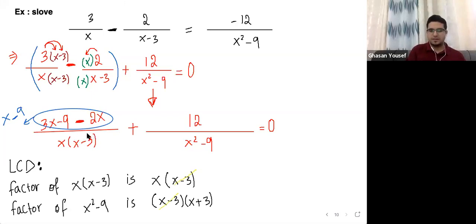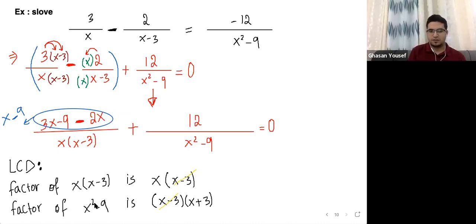Now I go to this fraction. I multiply this fraction by what? Not by x, no. We have to multiply this fraction by the factor of this one. Whatever remains of the factor of this one, I have to multiply this fraction by.